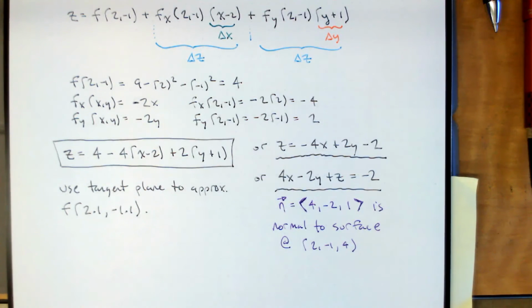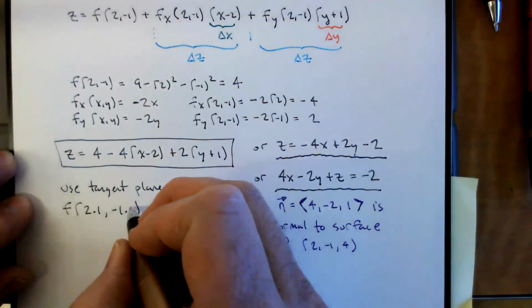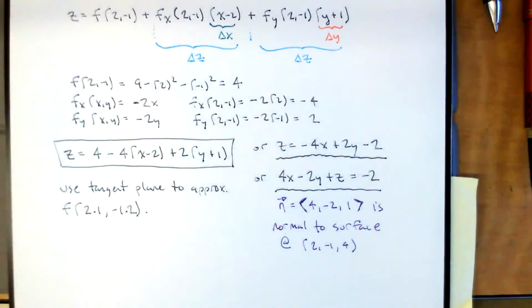I'll put 2.1 and -1.1. So my delta x is going to be 0.1, and my delta y is going to be -0.1. I'll try to make them stand out a little bit more. Now my delta y is going to be -1.2.